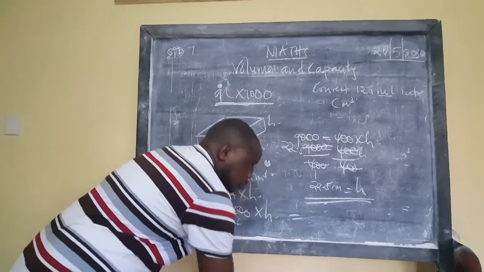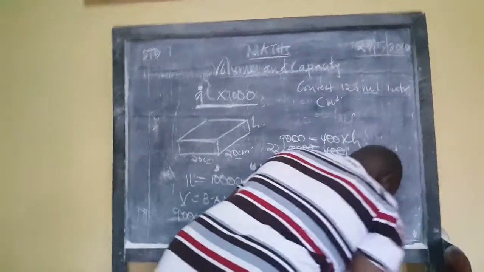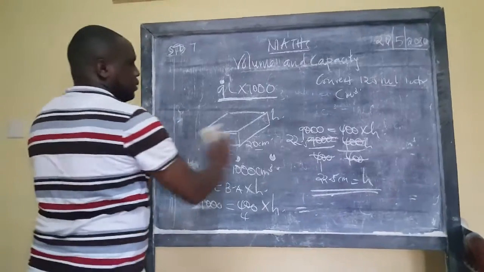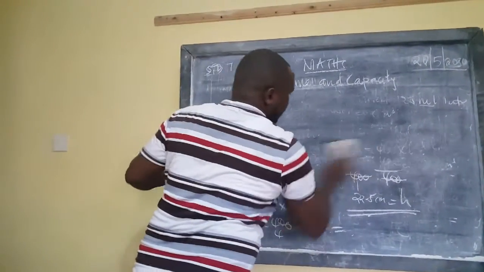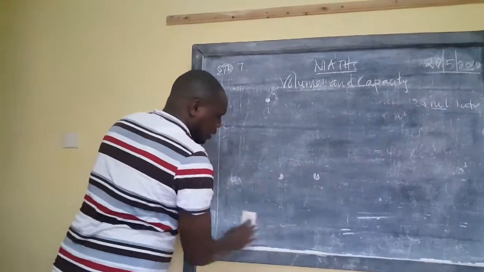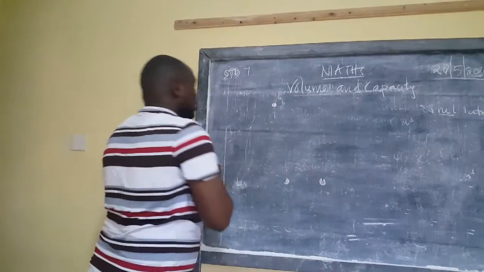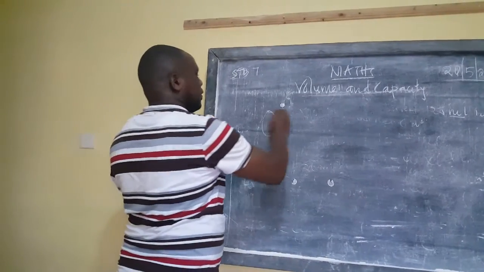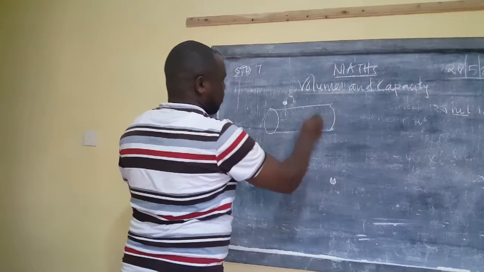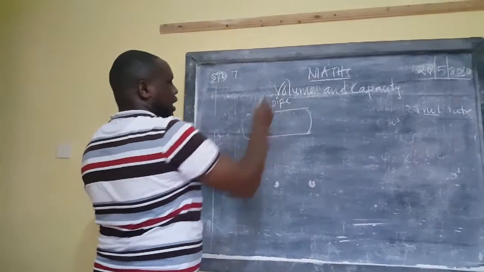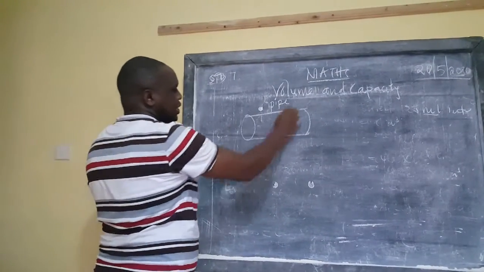I want to mention one more thing before I forget. About a pipe. You can be given a pipe, and you are told a pipe is laid here. That is a pipe. And this comes in an exam, so pay more attention here, learner.